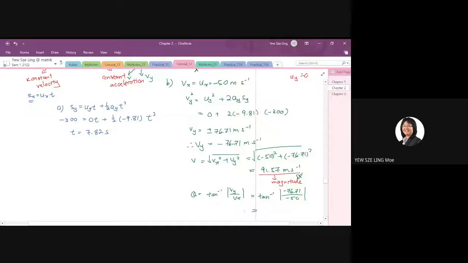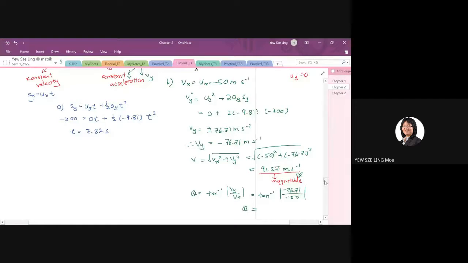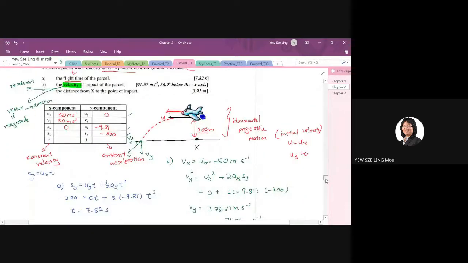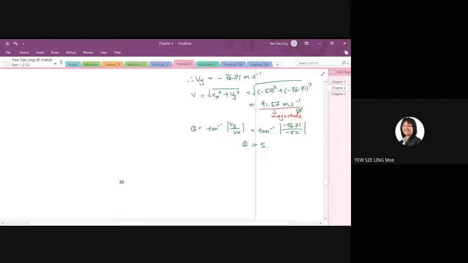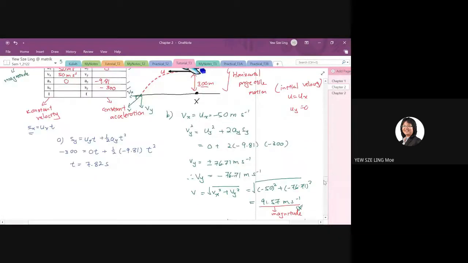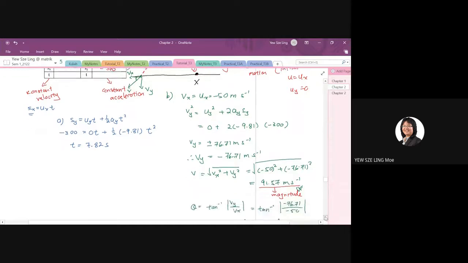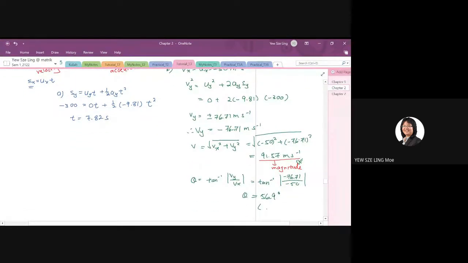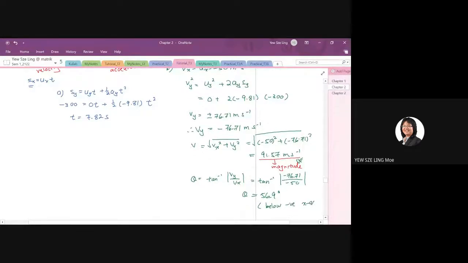The angle is 56.9 degrees. So where is it? You look at the diagram, this V resultant is located in the third quadrant. Therefore, it is 56.9 degrees below the negative x-axis.